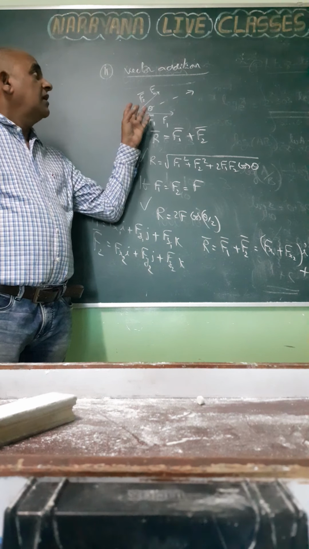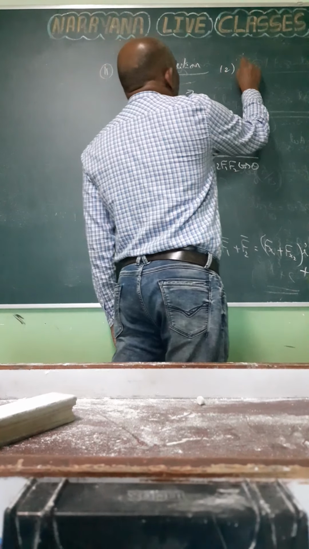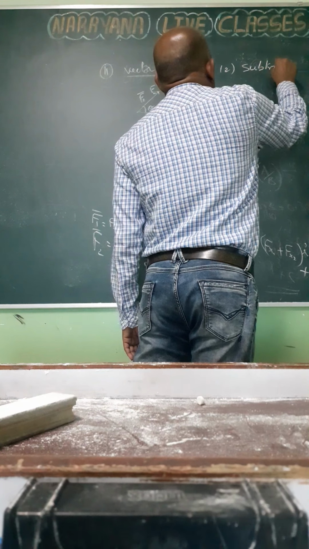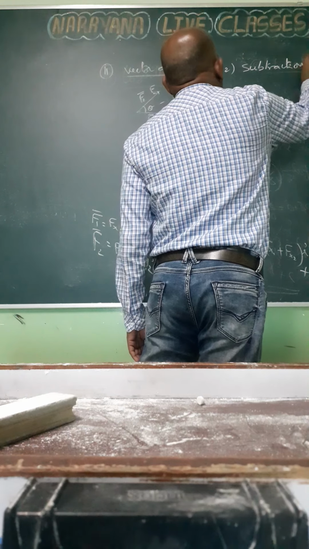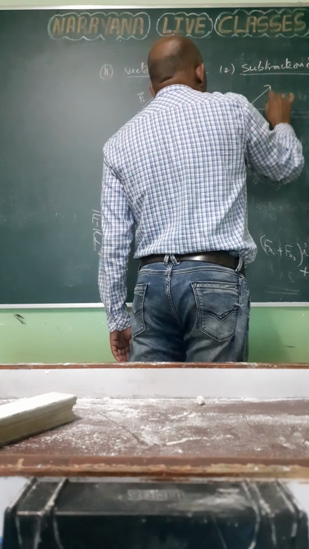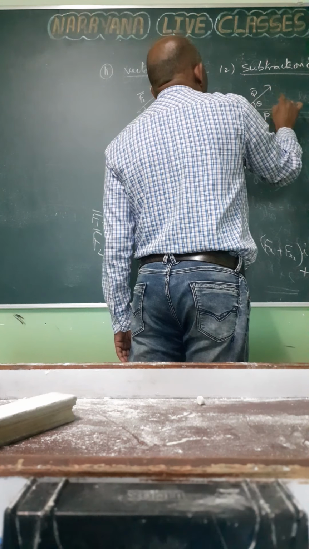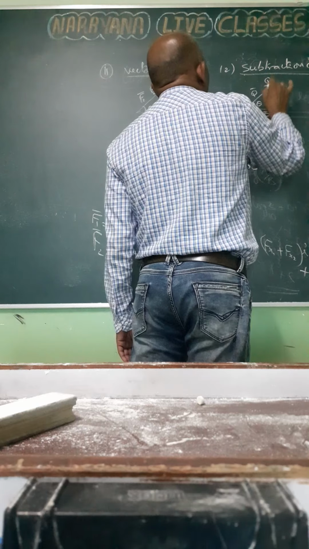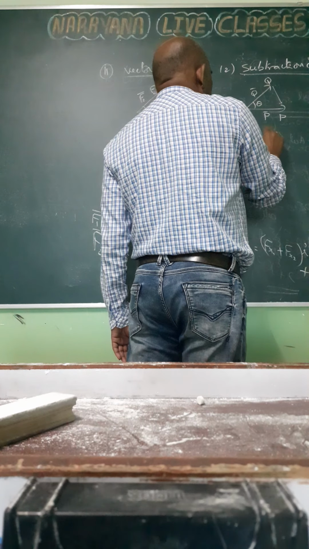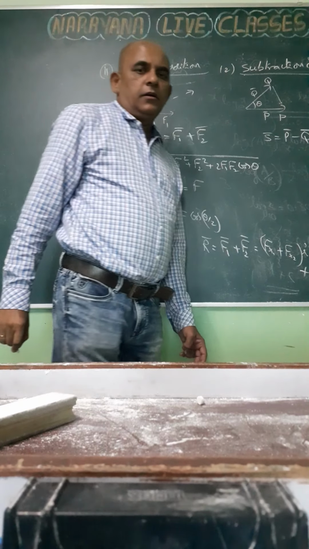Okay, and next, subtraction of vectors. The 12th one, subtraction. Same way, two vectors are there, p bar, q bar, and the angle between them is theta, magnitudes are p, q. The difference S bar is equal to p bar minus q bar.